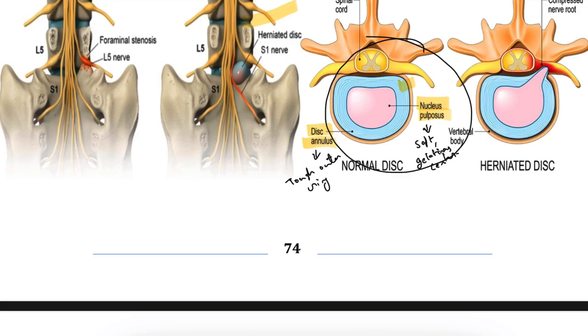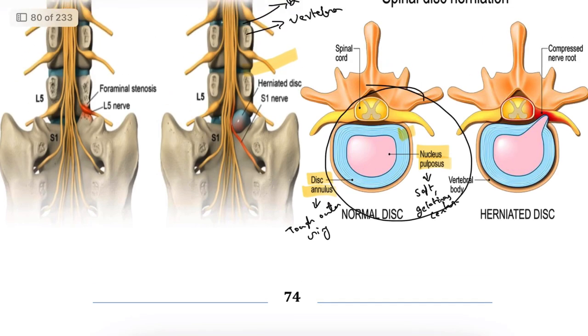You can see in this photo the disc compressing the nerve. Wherever that nerve innervates, your foot, leg, thigh, buttocks and back, you will get pain, based on movements. So this is the basic anatomy of lumbosacral radiculopathy.